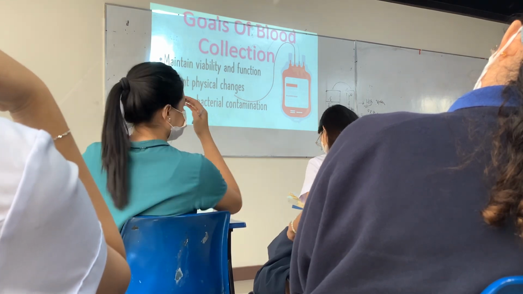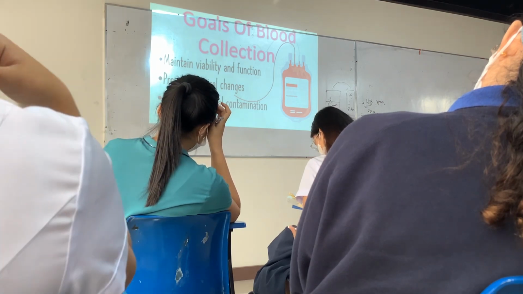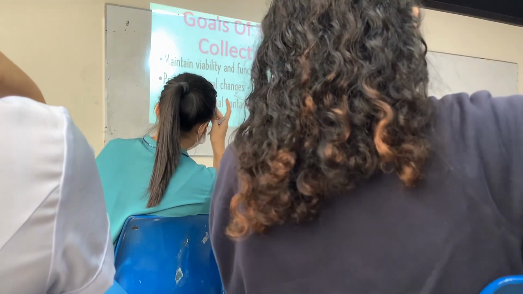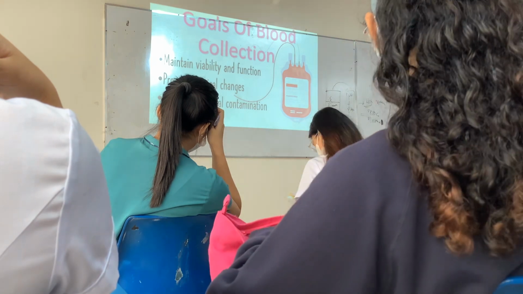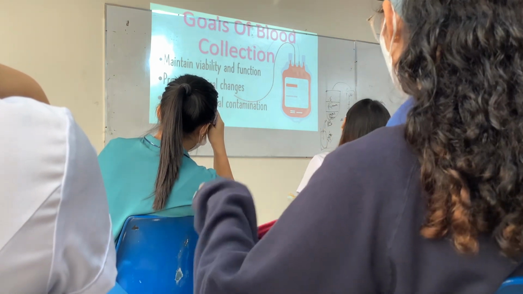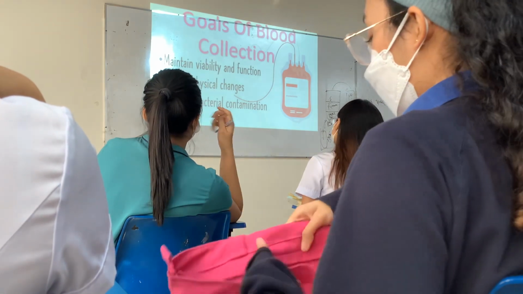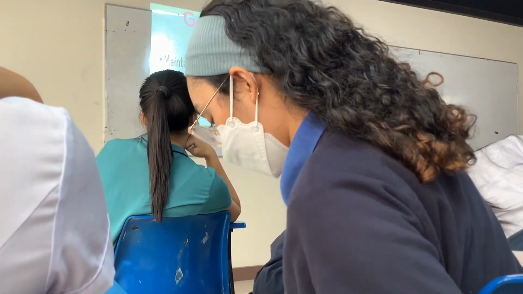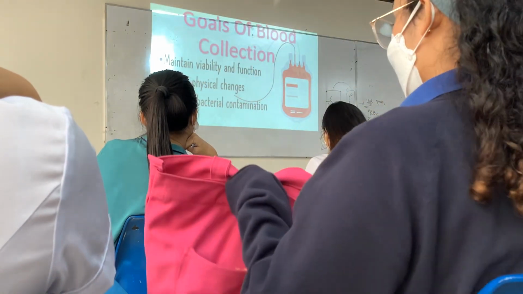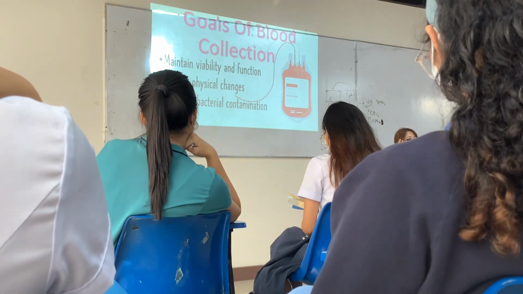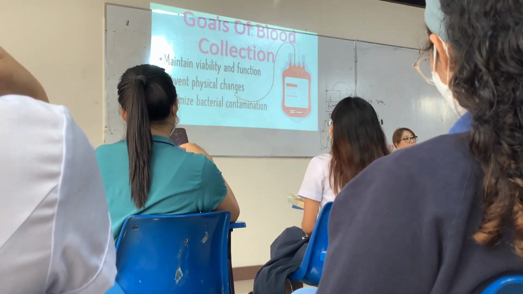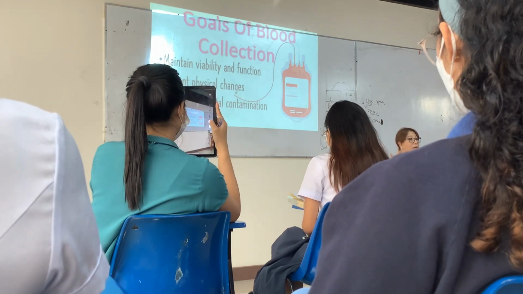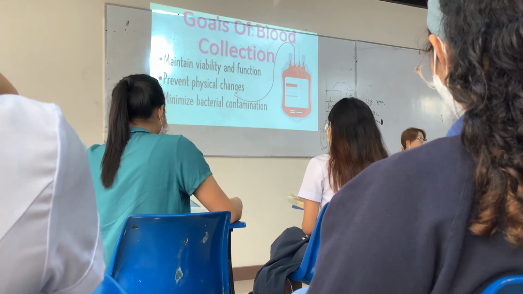Now, we just do not simply give blood for the sake of giving it, but we have to make sure that the blood that the patient will be receiving have optimal benefit to him or her.